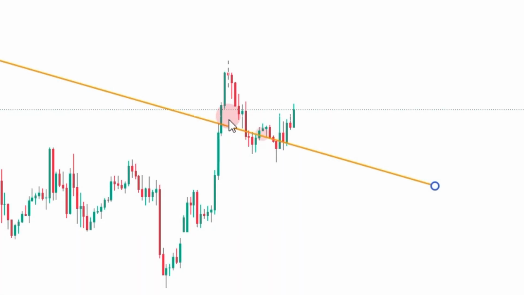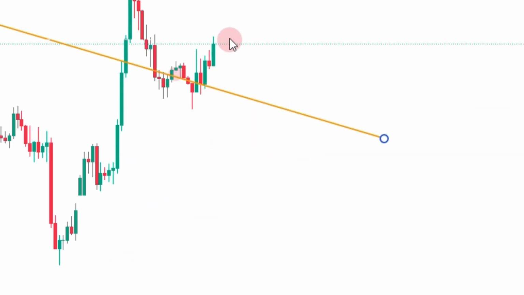So in the case of this here, you can clearly see that we have a nice wick rejection here, and we're getting some nice bullish momentum. This candle pattern here with the bullish engulfing is really our go-to for entry. All right.